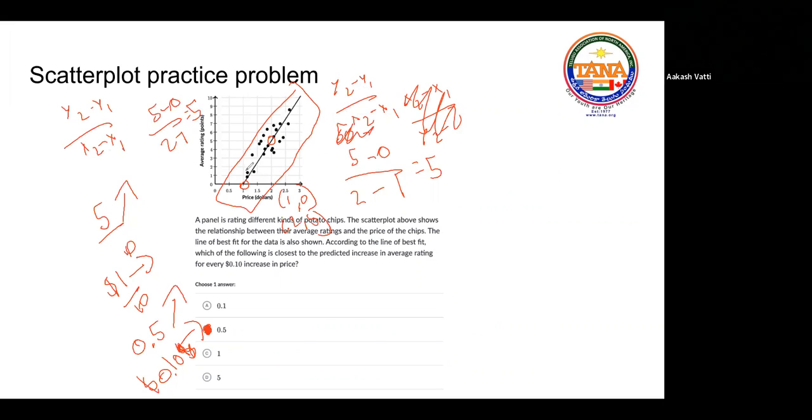That gives me the slope of the line of best fit for every $1 increase. So you have the 5-point increase for every $1, and then you divide both by 10 to get 0.5 increase for every 1/10 of a dollar. Do you understand, Bindu? I hope I pronounced that right.